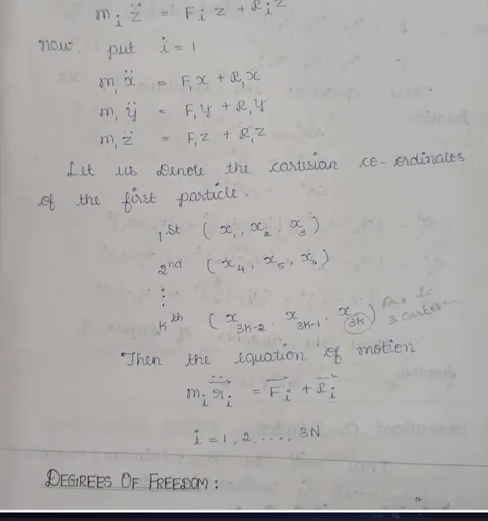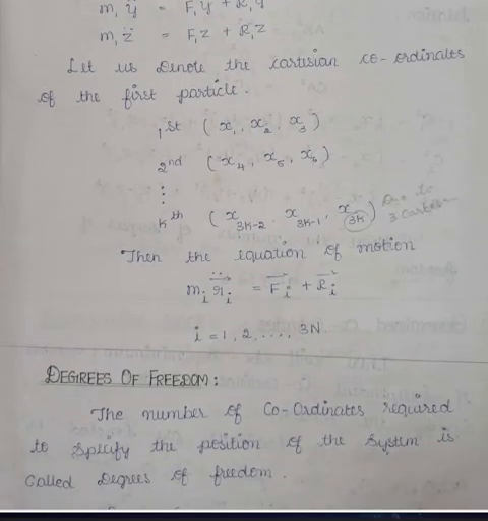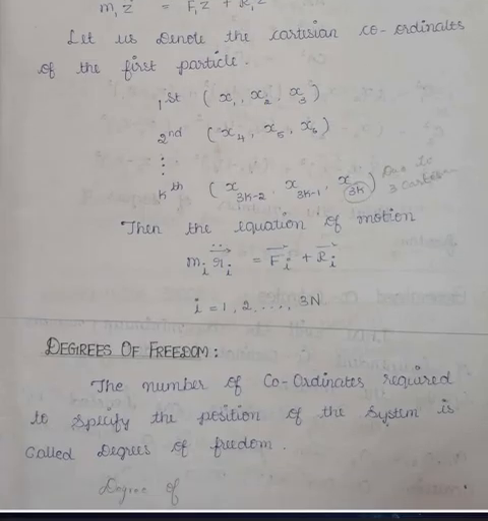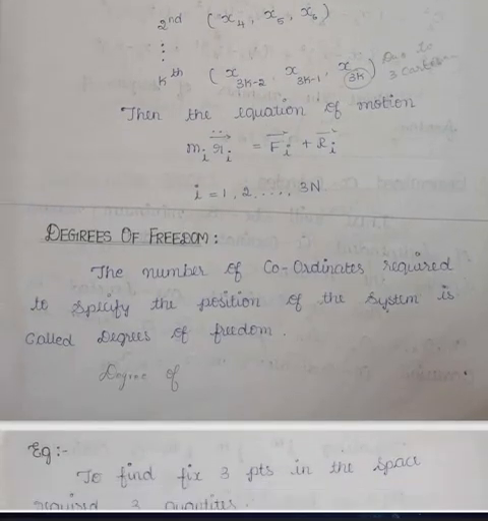Let us denote the Cartesian coordinates of the first particle x1, x2, x3, second particle x4, x5, x6, and so on, the kth particle x3k minus 2, x3k minus 1, x3k. Then the equation of motion is mi Ri double dot equals Fi plus Ri, i equal to 1 to 3n.